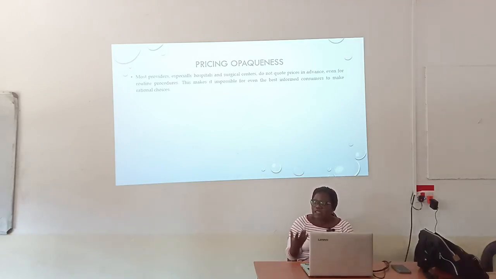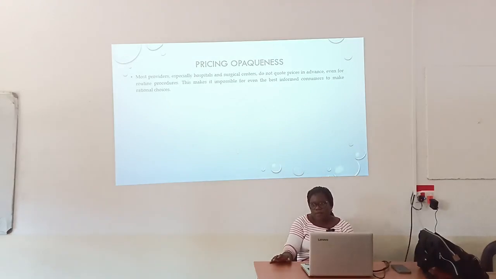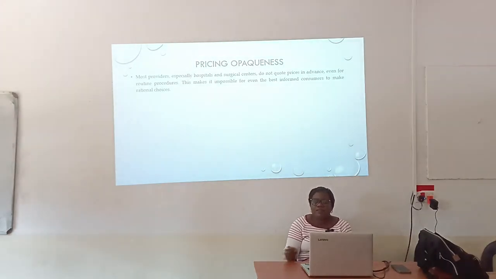If you are a patient at a particular private hospital and you want to get assistance, particularly for surgical procedures, they give you what is called a bill estimate, right? Yes. So they give you that bill estimate, so that I can prepare the money. Yeah. That's the standard in Malawi. But in some countries, there is this price opaqueness where you never really know. Okay?